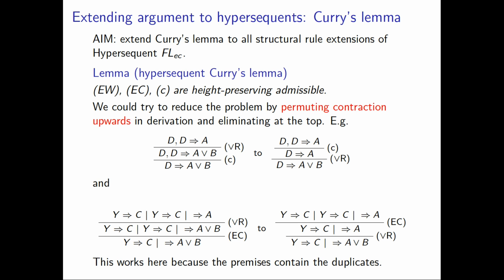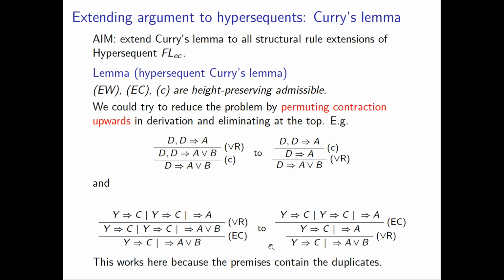One way of showing height-preserving admissibility, since the weakening rule is actually not a problem and it's the contraction rules that we have to worry about, would be to show that we can permute the contraction rules upwards and hence eliminate them from a derivation by pushing them upwards and eliminating them at the top. And that's what you see here, how to permute the internal contraction rule, and here is showing you how to permute an external contraction rule.